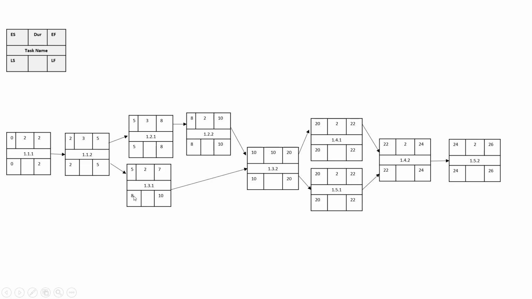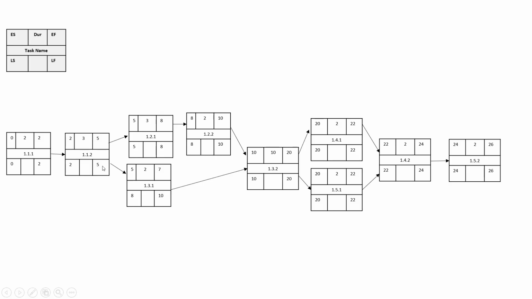So remember when we were calculating the early start and the early finish, the top ones, we took the highest early finish, but now we need to take the lowest one. So between 5 and 8, we take the lowest one, which is 5.